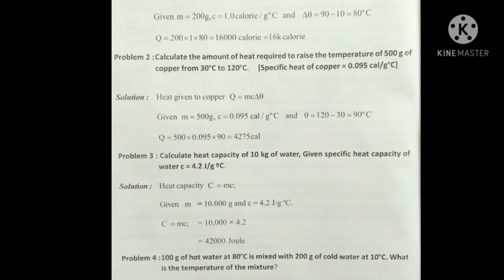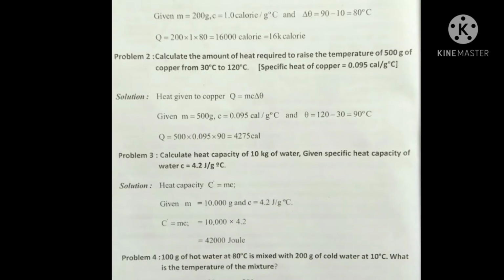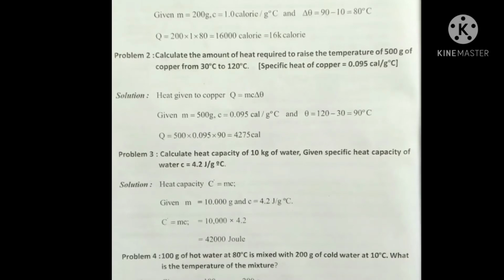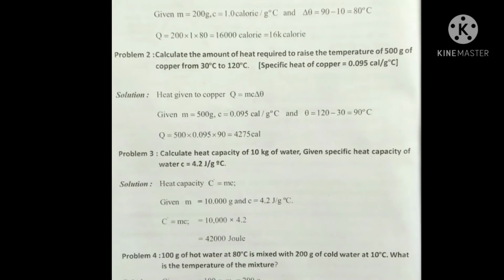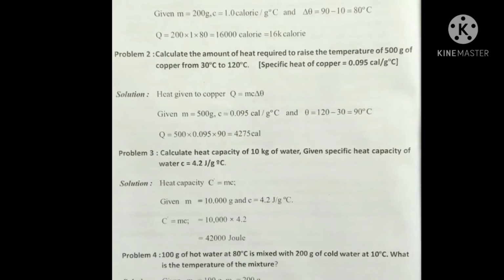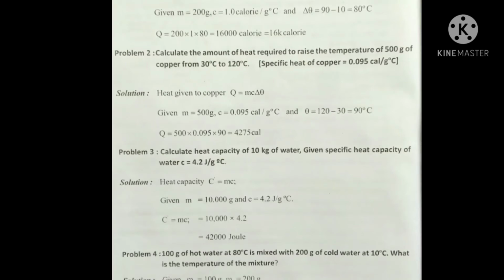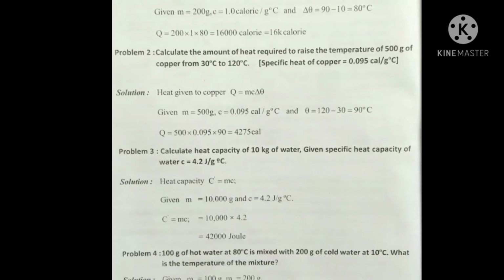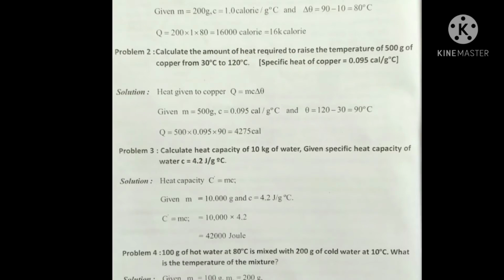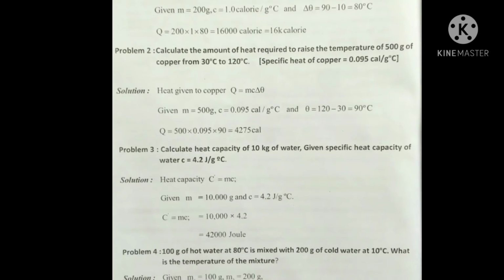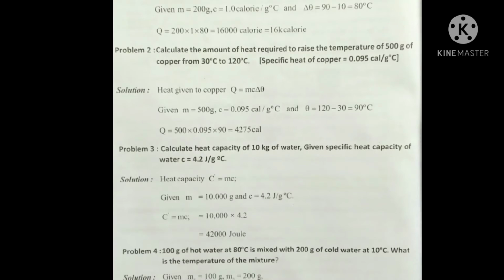Here the mass of the body is 10 kg, which is in the SI system, and the specific heat capacity of water is 4.2 joules per gram degree centigrade, which is in the CGS system. Actually, the specific heat of water is 1 calorie per gram degree centigrade.